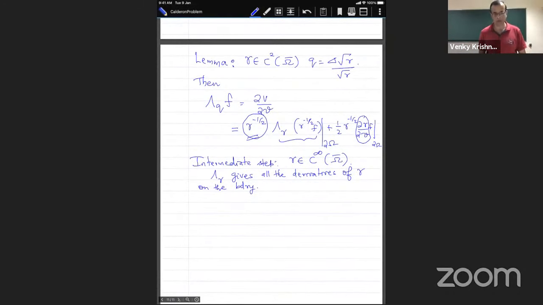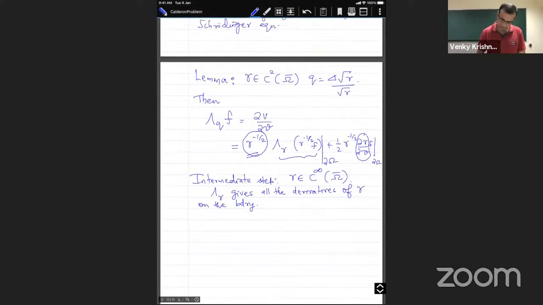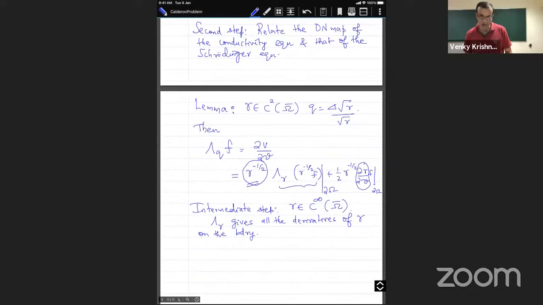There are several approaches to this, but probably the simplest approach is based on the fact that this Lambda_gamma is a pseudo differential operator of order 1. You consider the asymptotic expansion of the pseudo differential operator, or the symbol of the pseudo differential operator, and from that you can extract all the derivatives of gamma on the boundary.